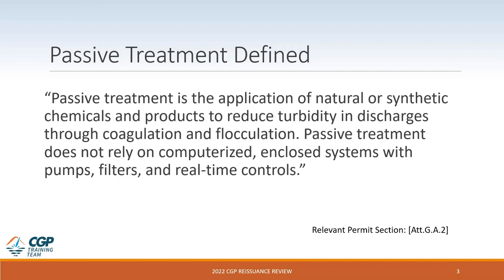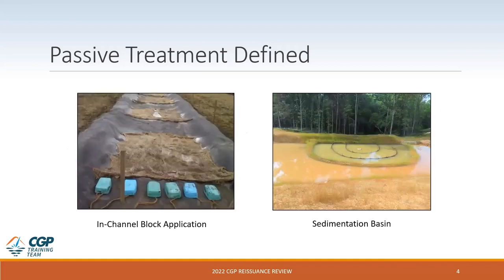This second part of the definition is particularly important, trying to draw a delineation between passive and active treatment systems, where active treatment would have those real-time controls and the ability to monitor those controls with computers.